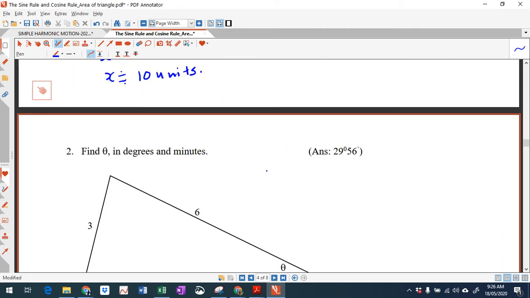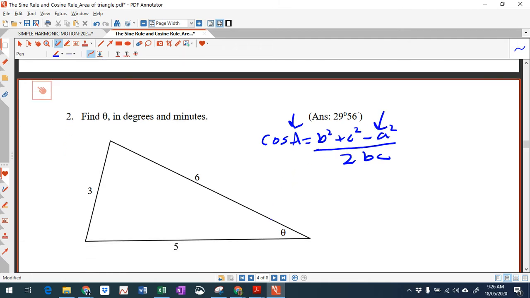Cosine of A equals b squared plus c squared minus a squared over 2bc. And remember, angle A and side A are opposite each other, okay? So on my diagram over here, I'm going to call this angle A, and then the side opposite angle A is lowercase a. Okay, the other two sides are B and C, doesn't matter which is B, which is C.